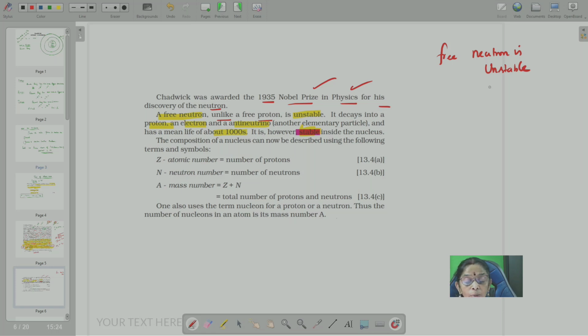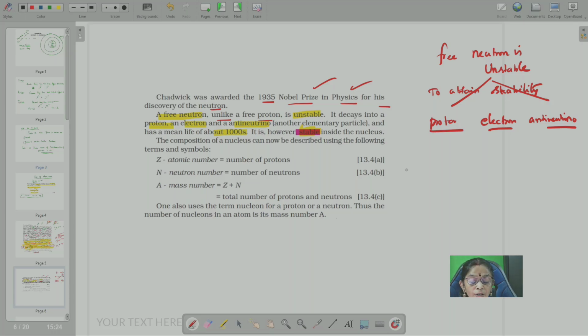Therefore, in order to attain stability, it has to decay into a proton, an electron and an antineutrino. Then only it will attain stability.